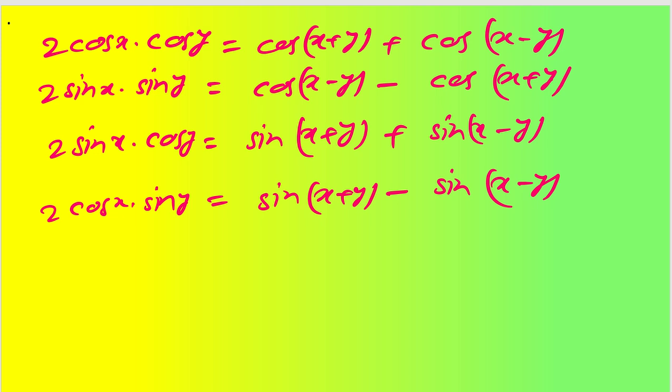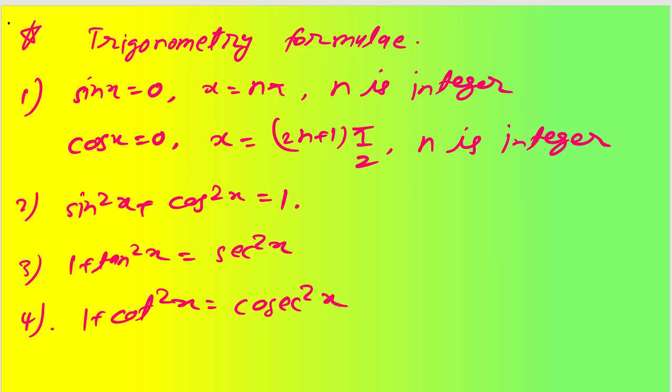Okay, so this was all about trigonometric formulas. Hope you now have a very good understanding of the different formulas in trigonometry. All sin A, sin B, cos A, cos B, everything is taken care of. If you have any doubts or any other formulas in your mind that you are not getting, you can put your queries in the comment box and we shall be able to give you answers.